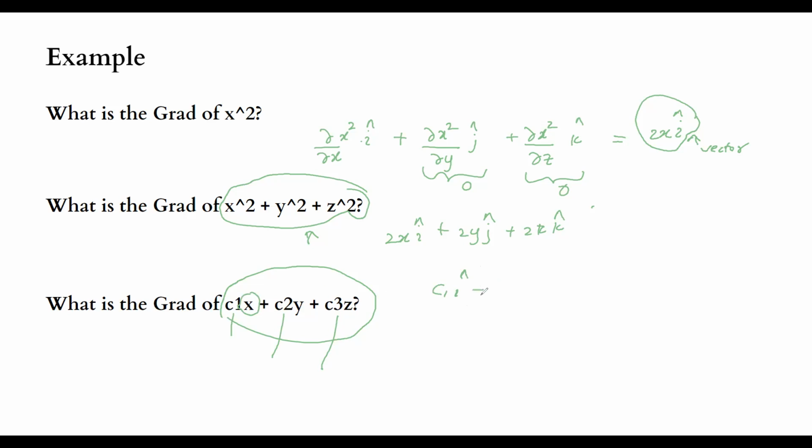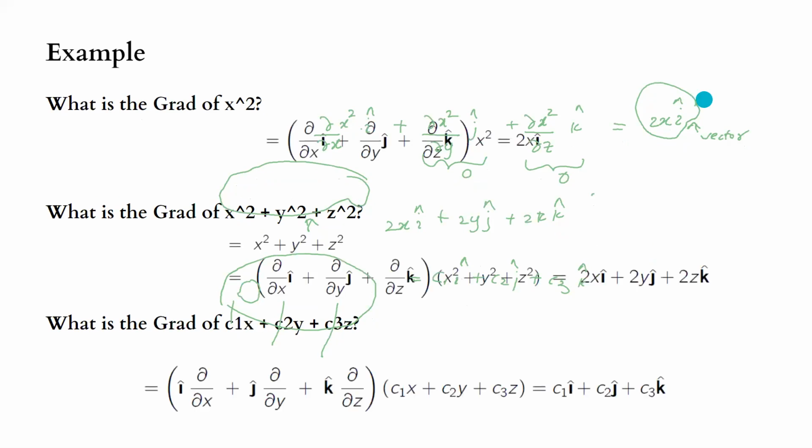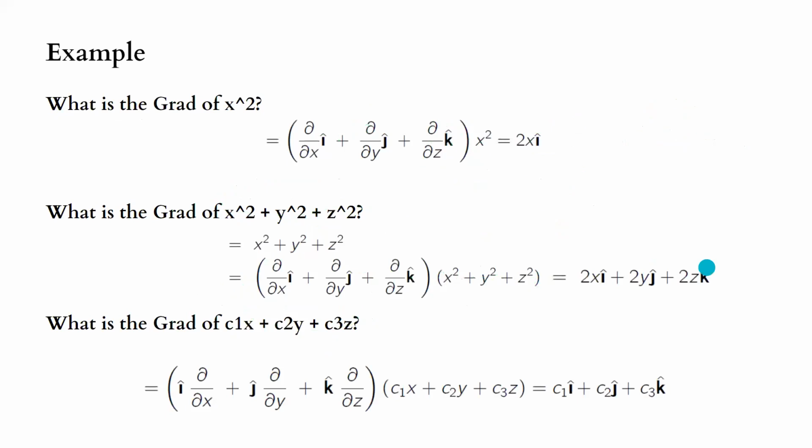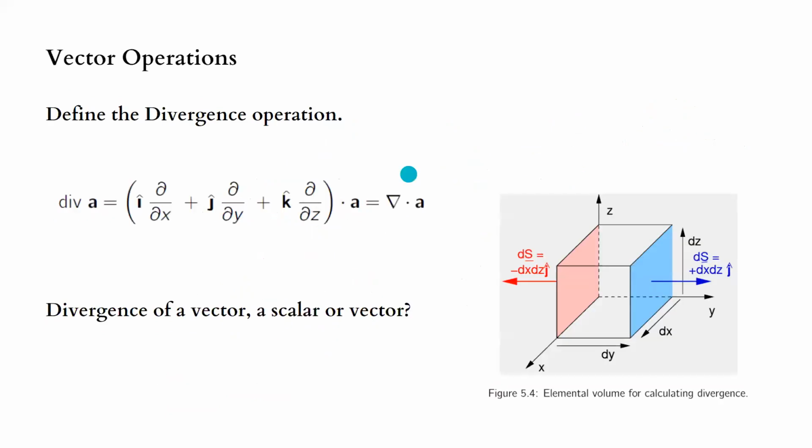So C1 i hat plus C2 j hat plus C3 k hat. So likewise, we can do those calculations, right? It's good that you understand, and then we can move to the next operation, right?